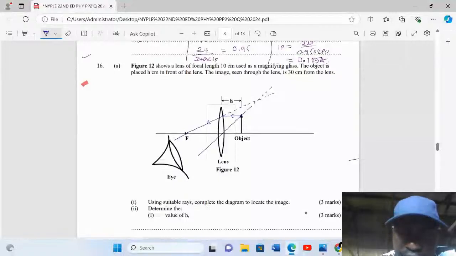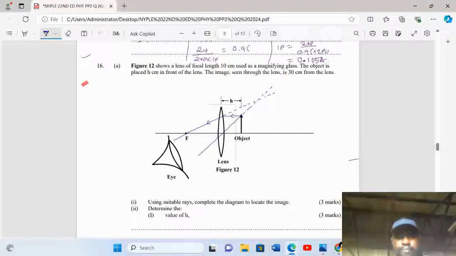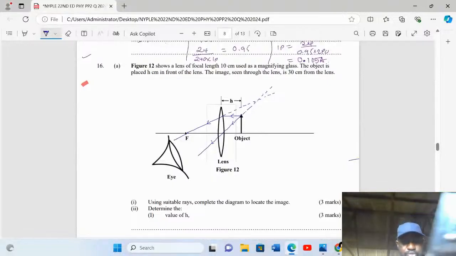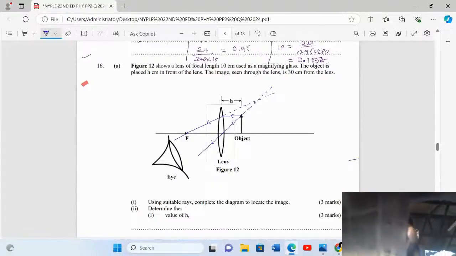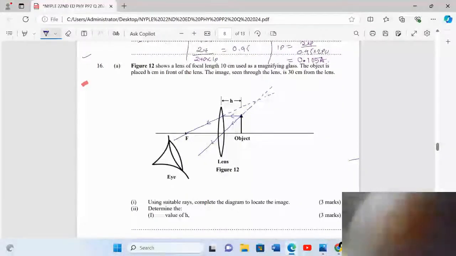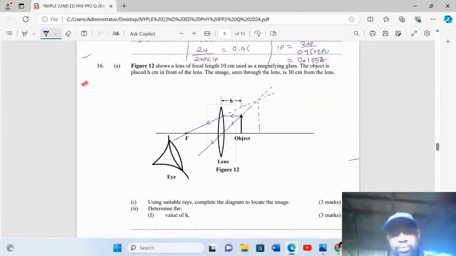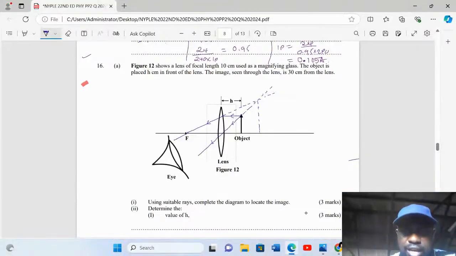My rays may not be that much straight, but the key point is you understand how it's supposed to be moving. Then at the point where these meet, I will draw my image. You must ensure that the image that you're drawing is perpendicular to the principal axis. Then I would indicate the top in that manner.